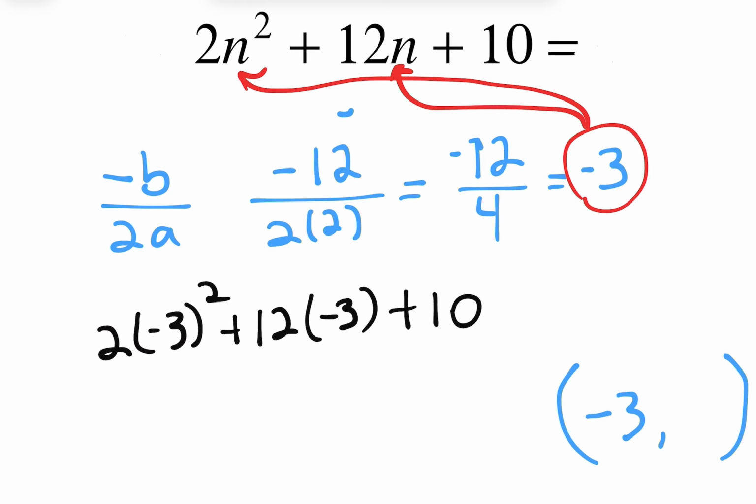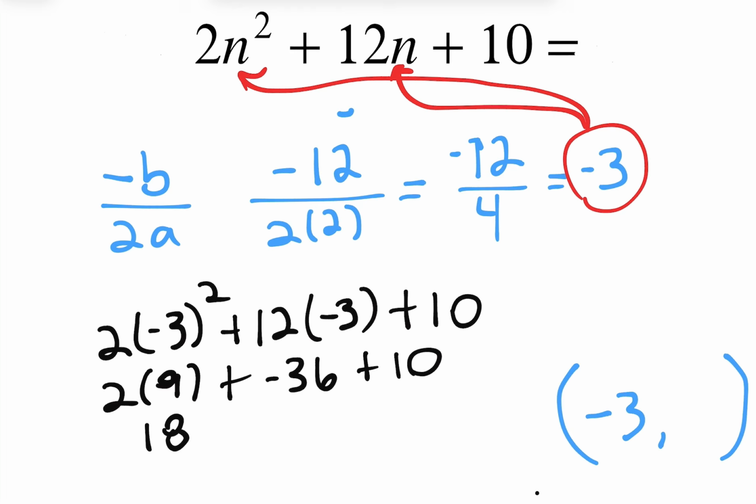So just plugging that negative 3 back in, 2 times negative 3 squared is 9, plus 12 times negative 3 is negative 36, plus 10. So that would be 18. And then if we add our negative 36 and positive 10, we get a negative 26.